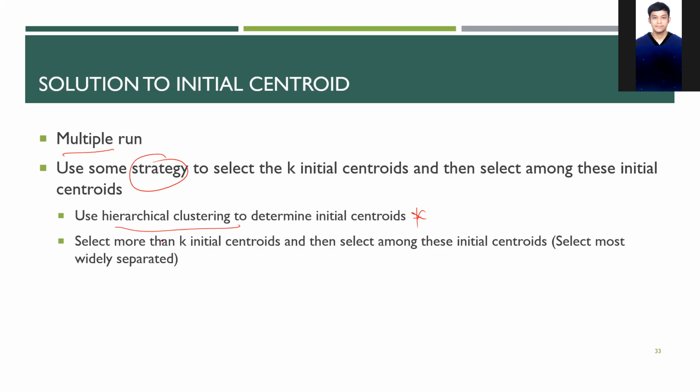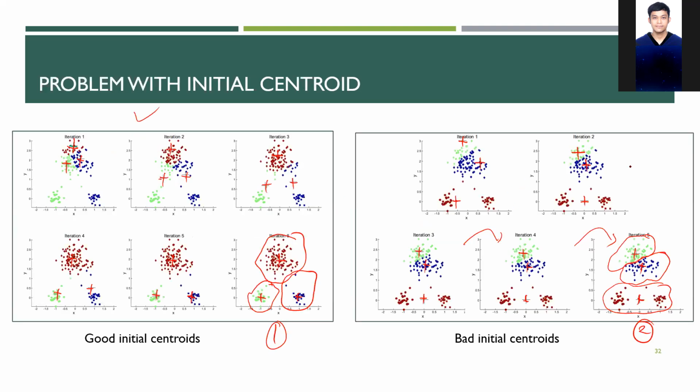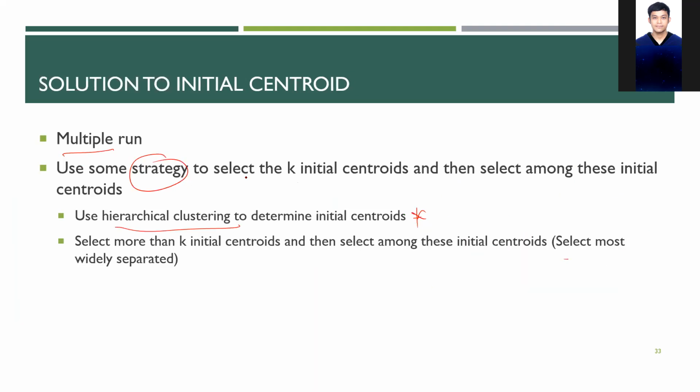Another one, we can select more than k initial centroids and then, among these initial centroids, select the most widely separated. For example, if we go back to this picture, this is the first case: 1, 2, 3, 4, 5, 6.